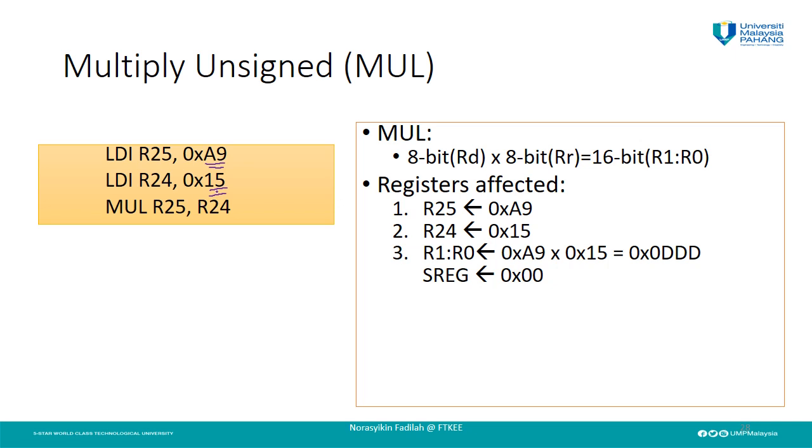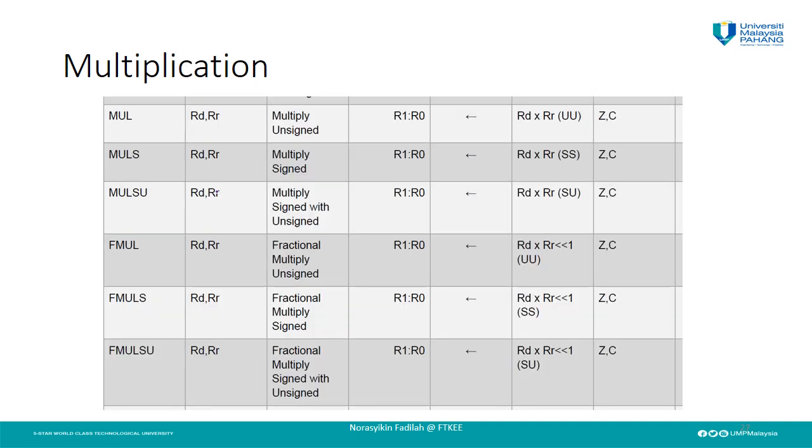For multiplication, the result will be stored inside R1 and R0, with R1 the higher byte and R0 the lower byte. So basically the multiplication is an 8-bit times 8-bit with the result of the 16-bit value.